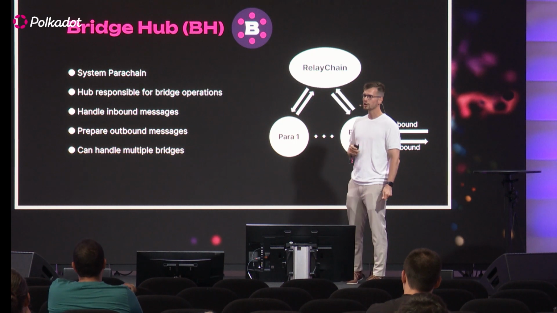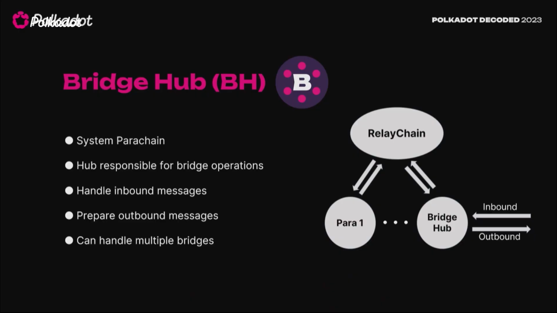BridgeHub. BridgeHub is a system parachain, and it is a hub responsible for bridge operations. BridgeHub handles messages that we want to export, preparing them to be exported to different chains, different consensus systems, but it also handles incoming messages that come to our system.